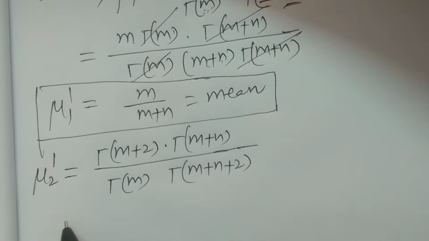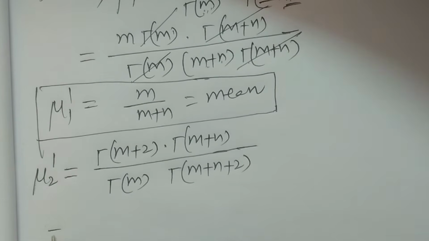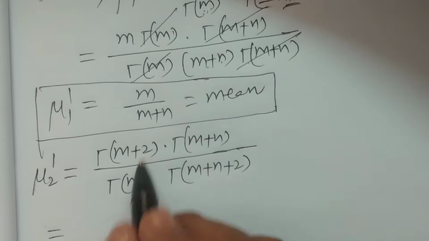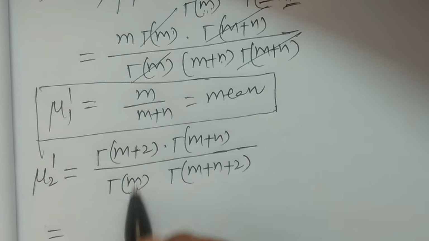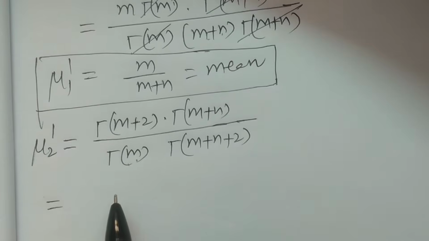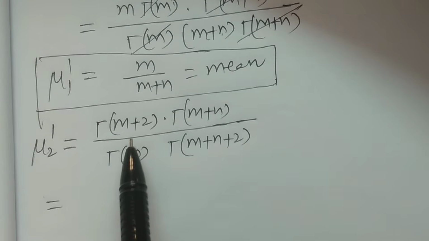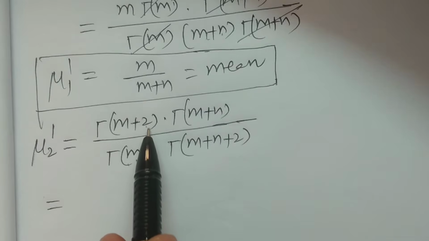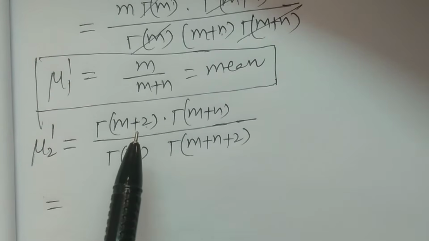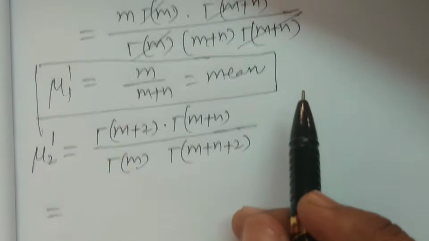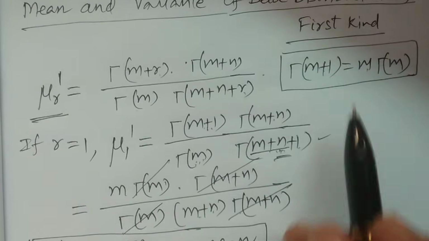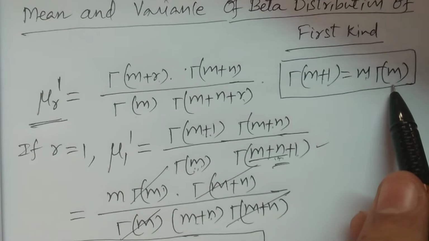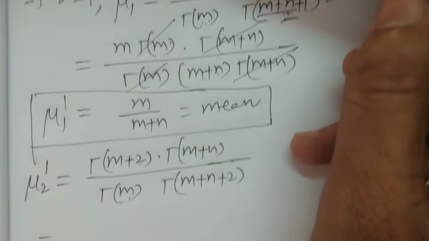These are to be compared, so you write gamma m plus 2 as m plus 1 plus 1. First of all, the formula is gamma m plus 1 is equal to m gamma m. That is the only formula available, for plus 1 only.